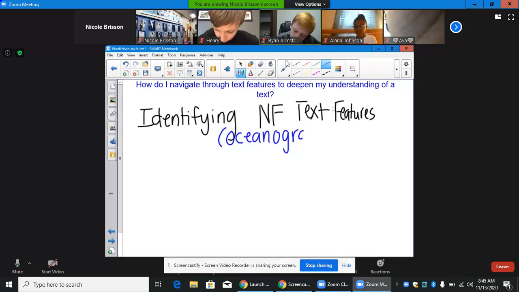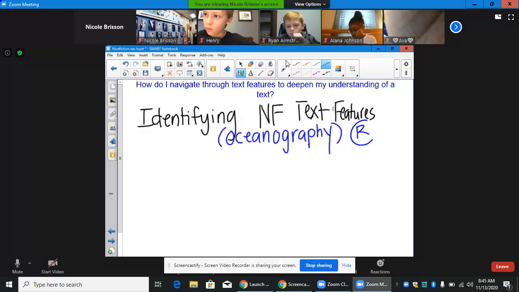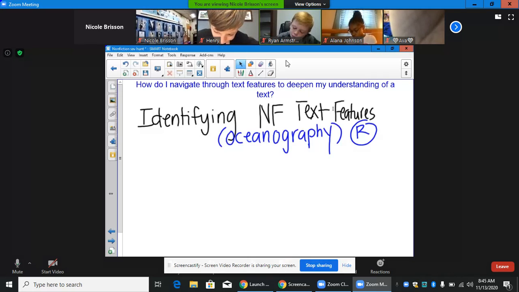Which is a reference text. So I'm going to put an R with a circle right there. Remember, a reference text is an informational book that gives us true facts about a certain topic, like sloths, the ocean, soccer, sea animals, all of that.